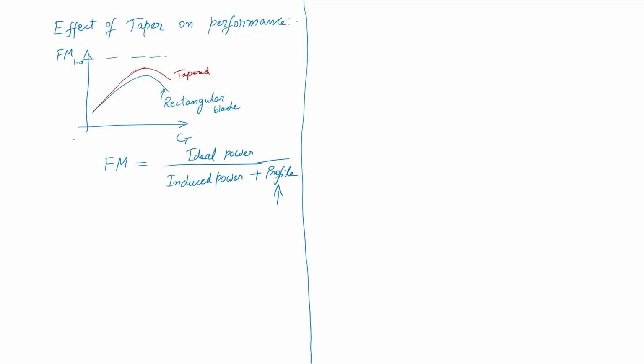So we got the idea that my profile power gets minimized, so I get a better figure of merit, but that does not necessarily mean that it is always a better thing. For the same radius, if I make my blade tapered, I am going to reduce my lifting area also. Effectively, the same radius and the same root chord, but tapered, means my blade area is reduced.